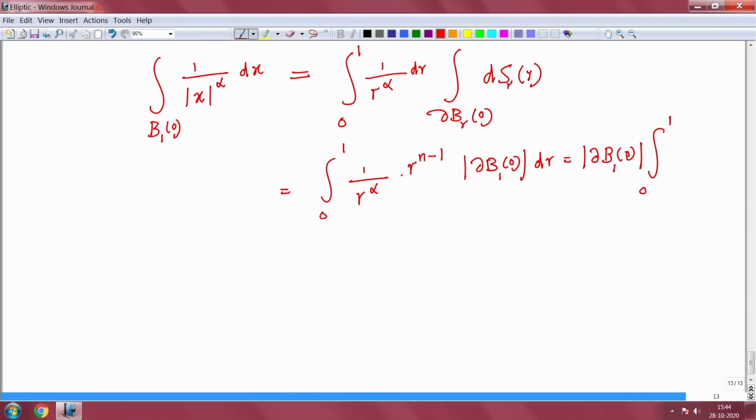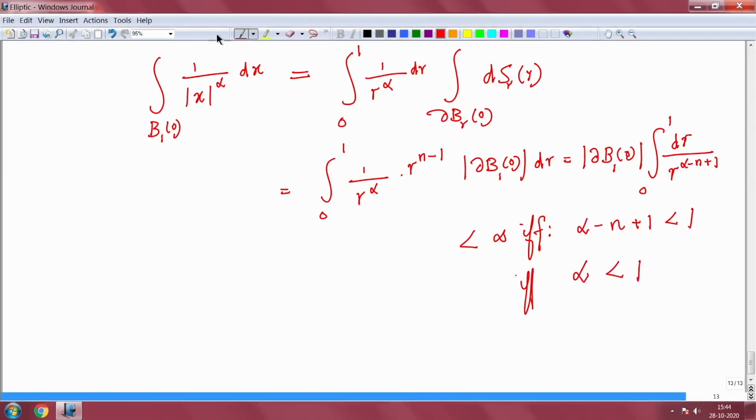We reduced it to a one dimensional integration, since it is a radial function, with r to the power alpha minus n plus 1, and this is finite if and only if alpha minus n plus 1 is less than 1, or if and only if alpha is less than n.